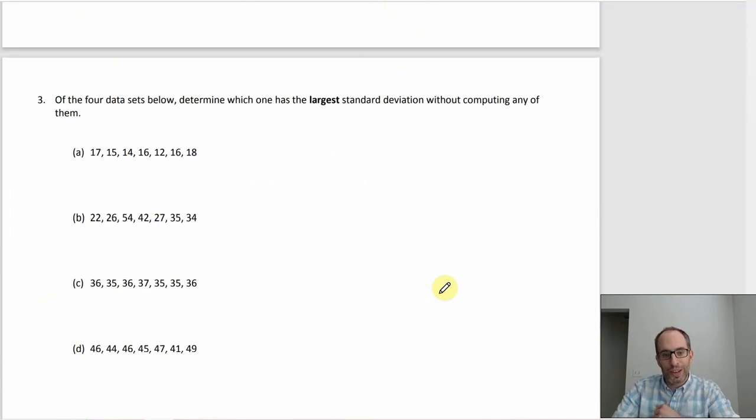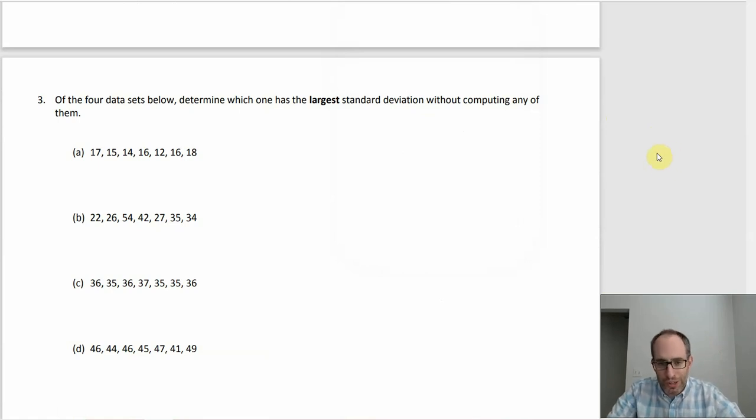All right, figuring out, just by eyeballing some data sets, which one would have the largest and smallest standard deviation. There are a lot of questions like this in the homework. Most of this section, this is what the questions are. There are maybe 2 where you get the data set and figure out the variance, then figure out the standard deviation. But there are at least 4 or 5 of these.